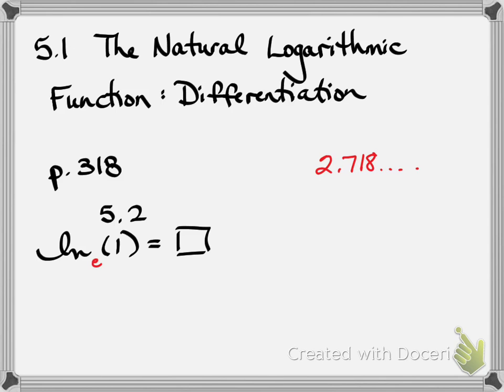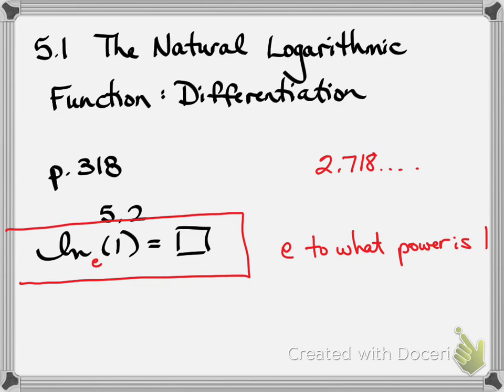So a logarithm asks a question, e to what power is 1? So that's what this question right here is asking. E to what power is 1? Well, e to the 0 power would be 1. But you could also get it by the inverse of a logarithm is an exponential.